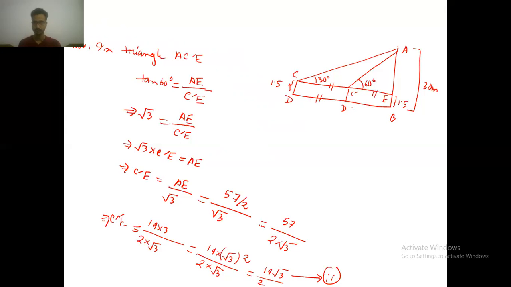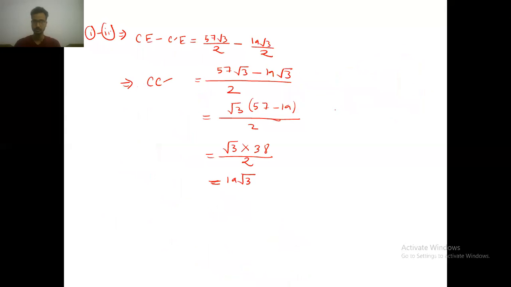So that means C dash is equal to D dash. That implies D dash will be equal to 19 root 3 meter. Yes or no? 19 root 3 meter.